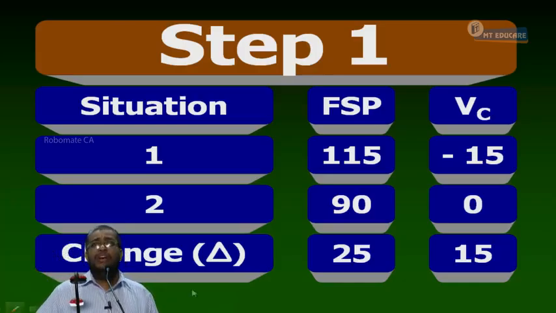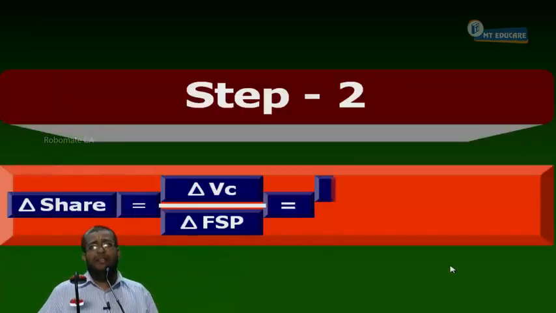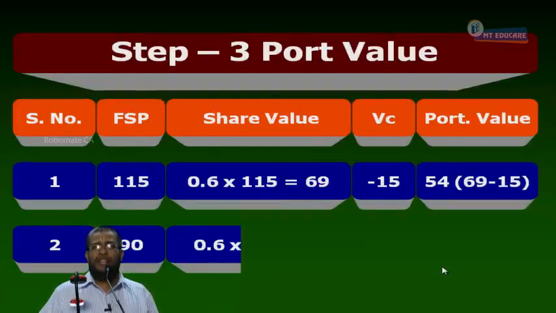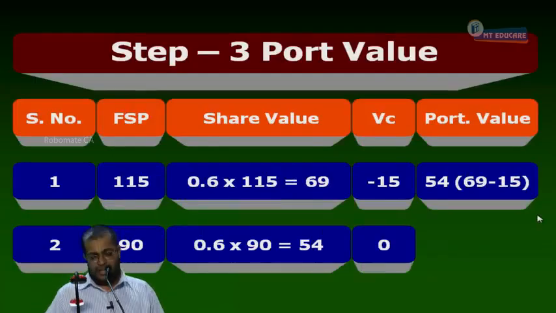And the next issue is, for tackling a 15 rupees call change, I need not have one share. It is enough if I have 0.6 share. The share change is 25 and the call change is only 15, so to tackle a 15 rupees change, 0.6 share is more than enough. That is proved through the other number details or calculation. Everybody following? This is point number 1 we have discussed. Can I proceed to the next point or not?